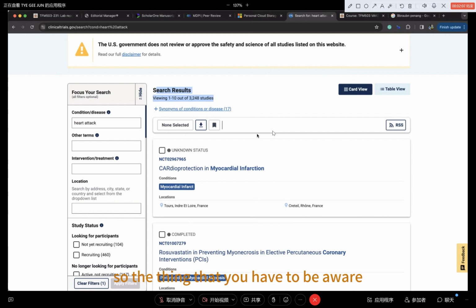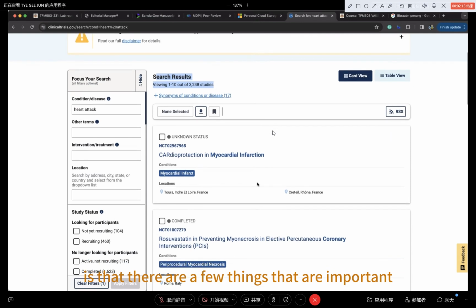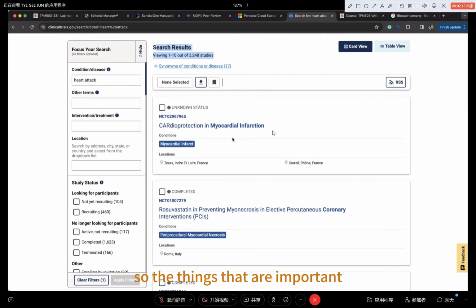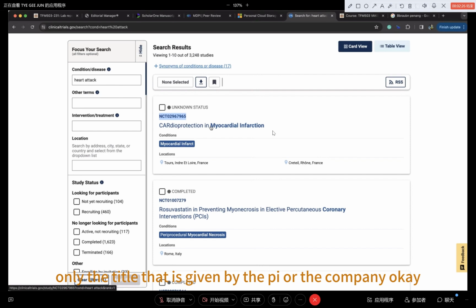Okay, so the thing that you have to be aware of when you look at the clinical trial website is that there are a few things that are important. You will see this is the file number for the clinical trial. This title is normally the title that is given by the PI or the company.